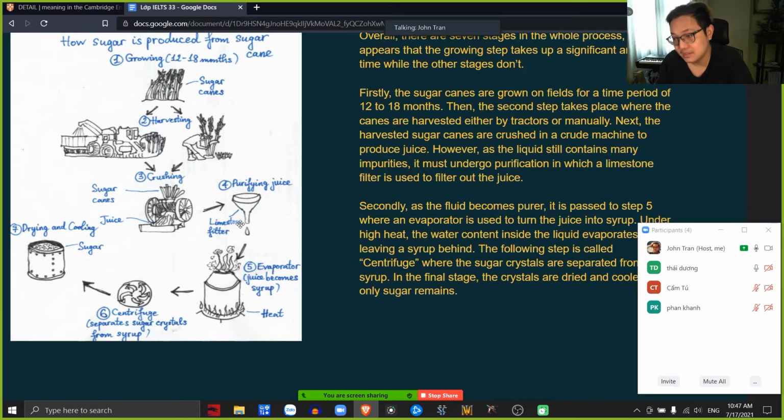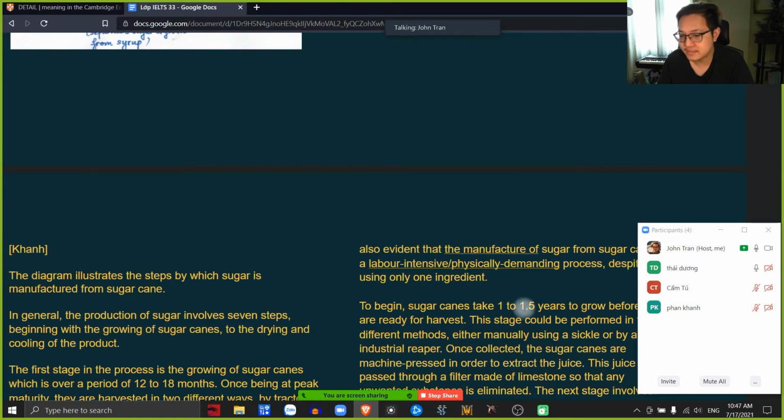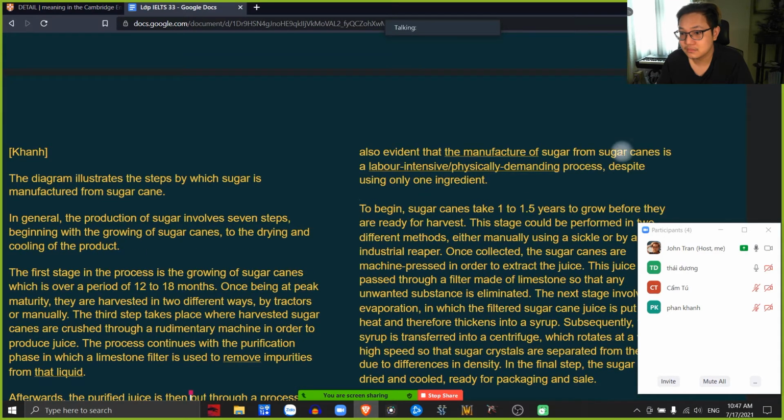It's very crude. The more crude it is, the more human physical exertion has to be used. So it's very physically demanding or very labor intensive, okay? Despite only using one ingredient.